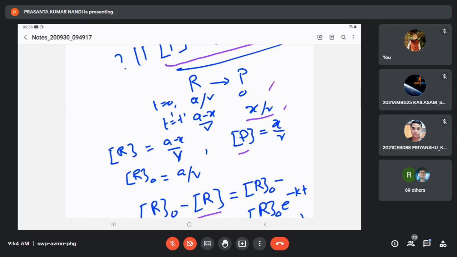So the product concentration would be X by V, and R would be equal to (A minus X) by V. Now, what is R0? A by V. So from these two expressions, it is clear that we can write R0 minus R, that would be equal to what?